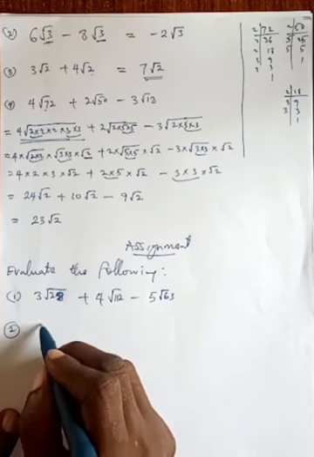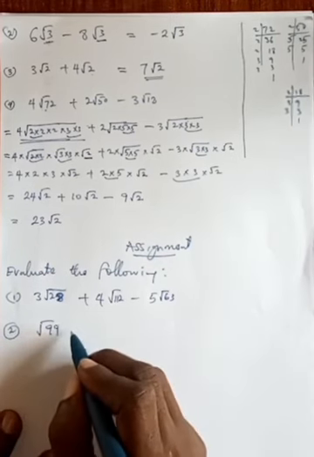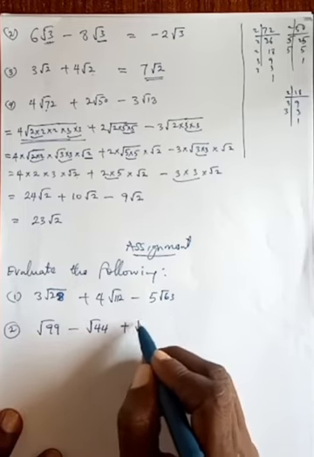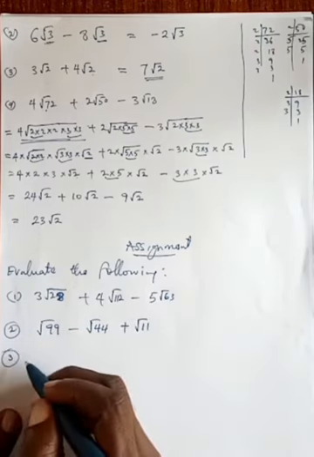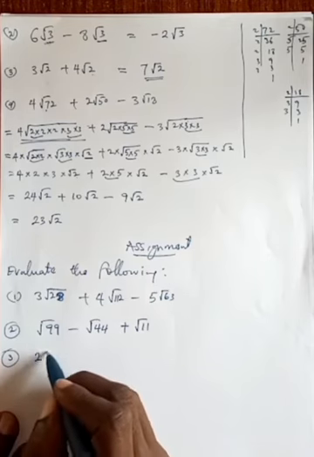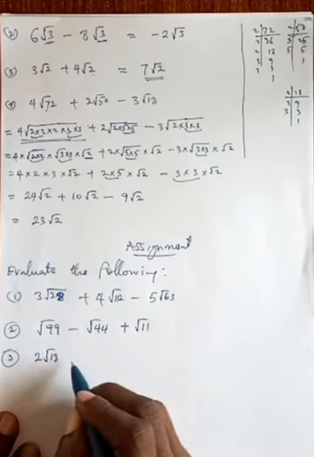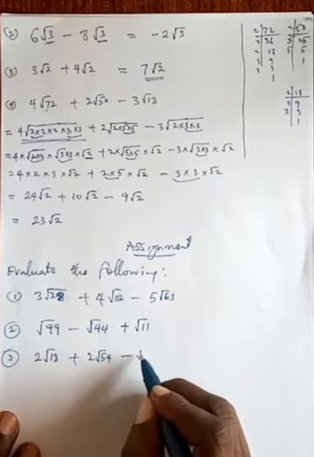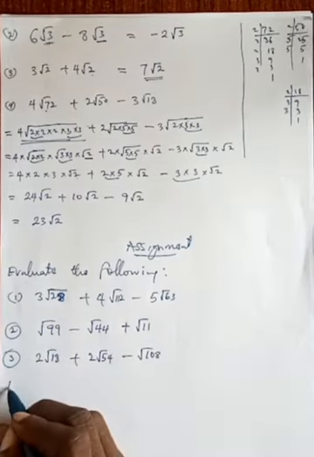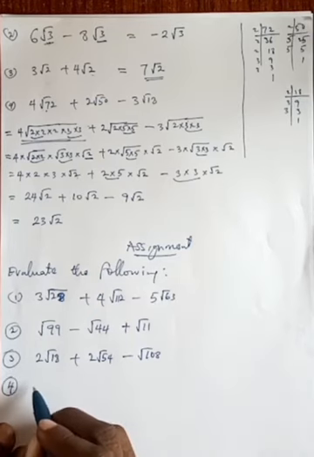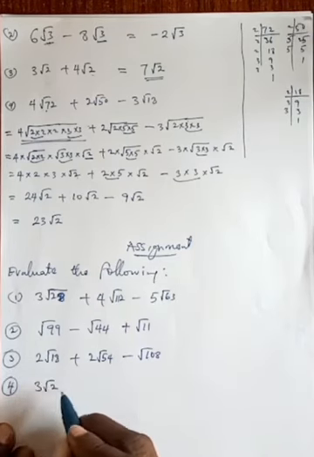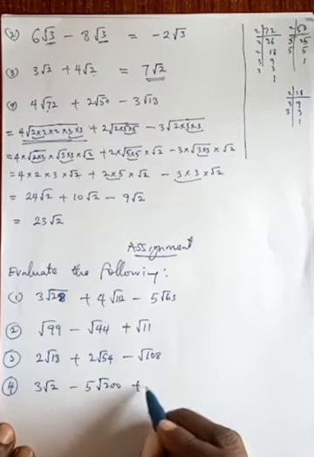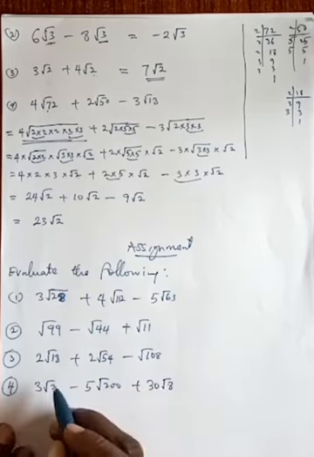Number 2, root 99 minus root 44 plus root 11. Number 3, 2 root 18 plus 2 root 54 minus root 108. Number 4, 3 root 2 minus 5 root 200 plus 30 root 8.